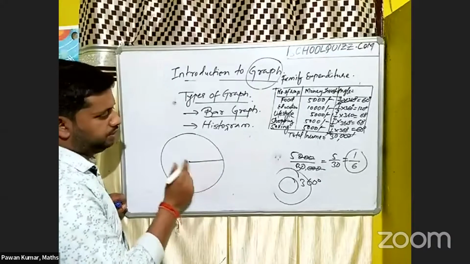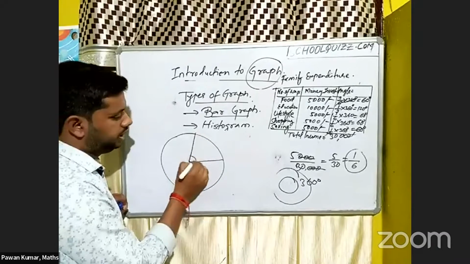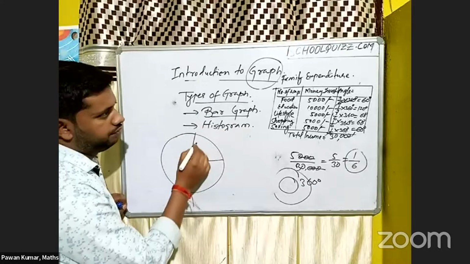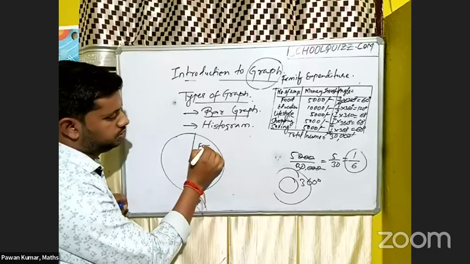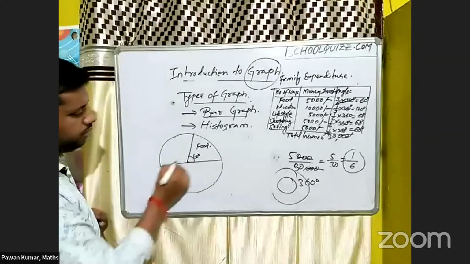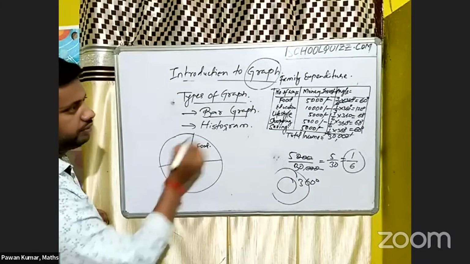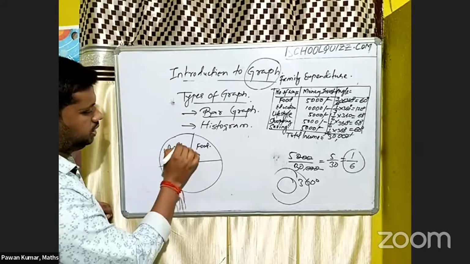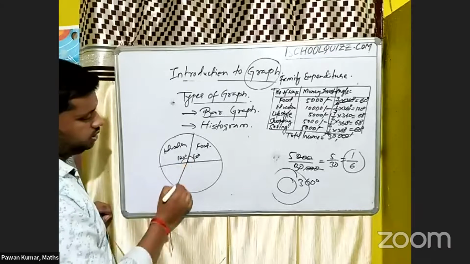Suppose this will be the 60 degrees, and this 60 degrees represents food. Again, this will be the 120 degrees, and 120 degrees is nothing but education.